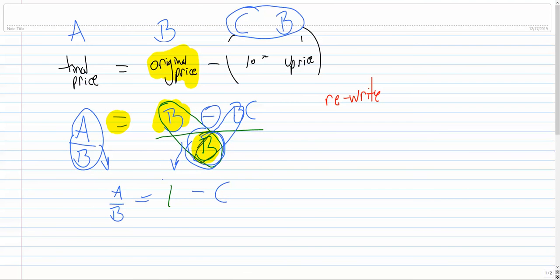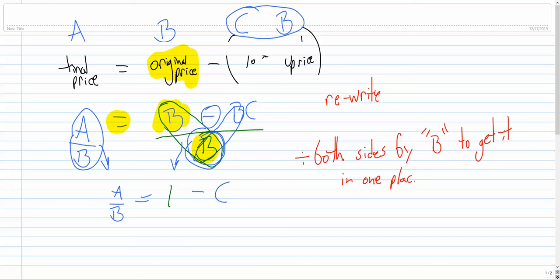That doesn't look too complex. So what did I do? I divided both sides by B to get it in one place instead of two.